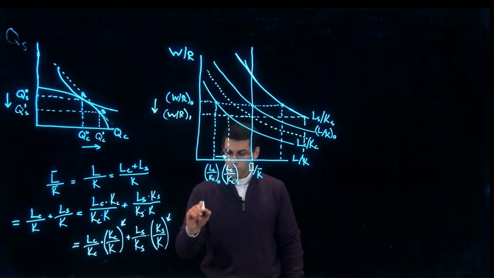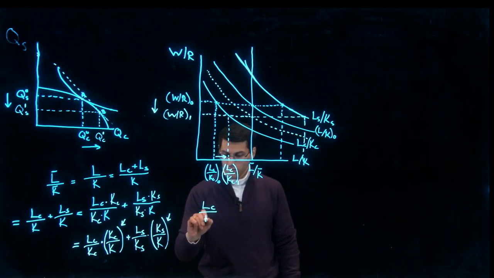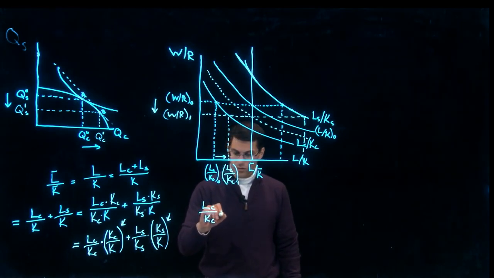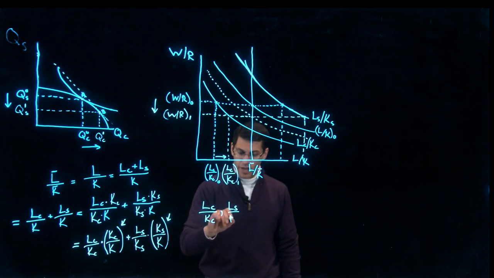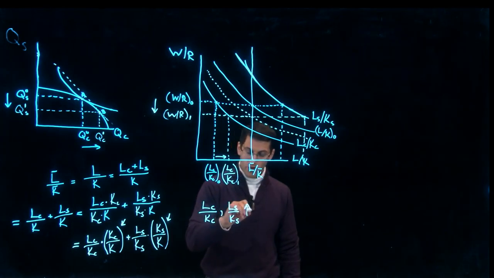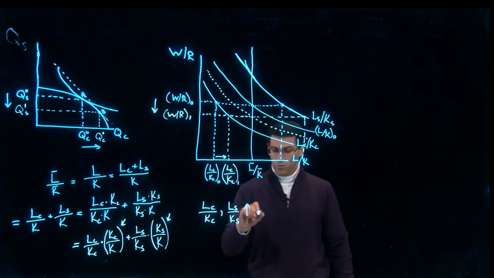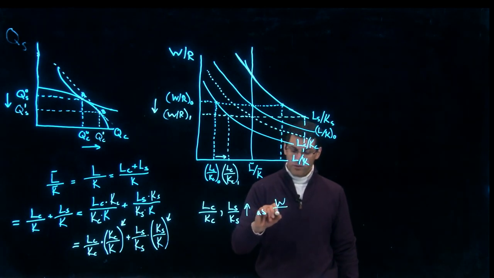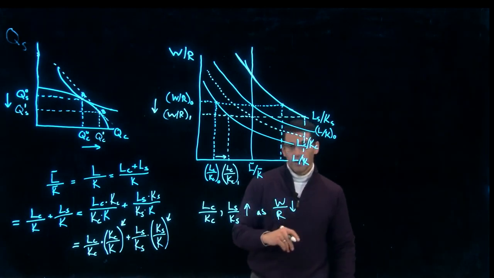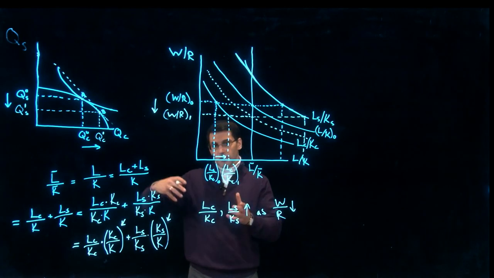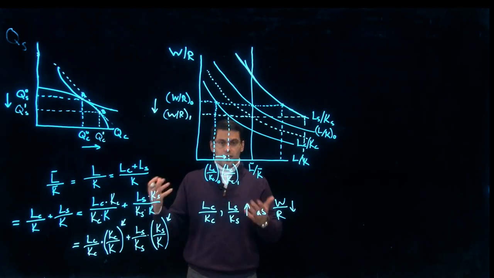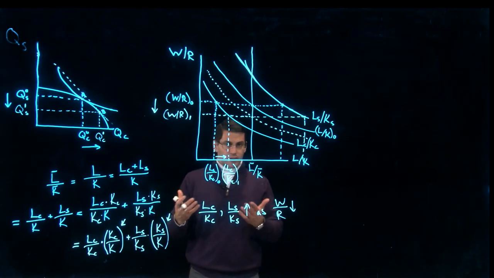So within both sectors, the ratio of labor to capital employed goes up as the wage to rental rate falls. And this is what allows us to continue to fully employ labor and capital. Otherwise, it's not possible, right?